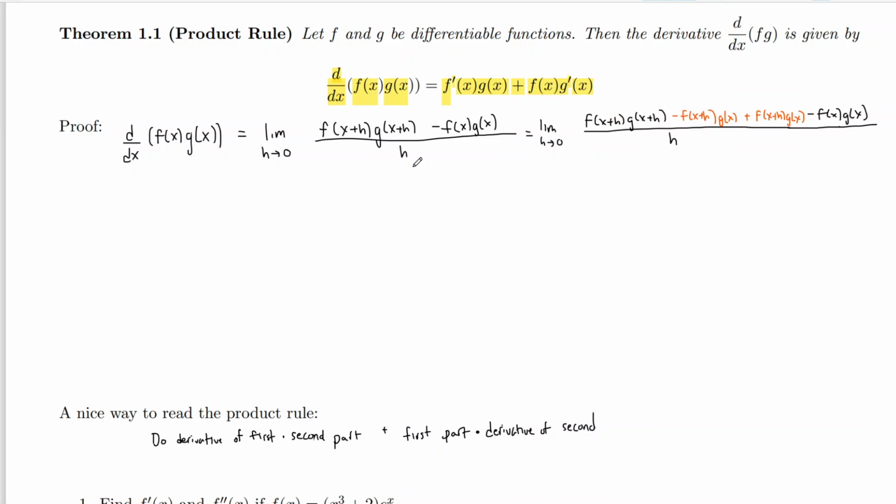Now, what I like to do next here, because this is a fraction, is split it up. Because I know pretty much what I just said, I'm going to have a fraction for the f prime of x part and a fraction for the g prime of x part. And I'm just going to split it up by putting the h over the first 2 terms as one fraction.